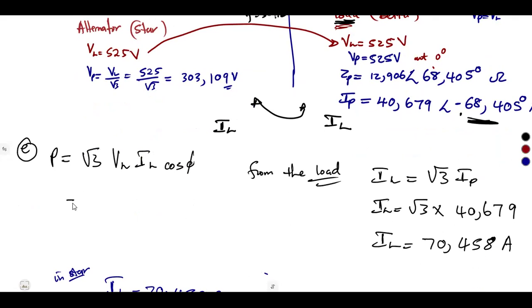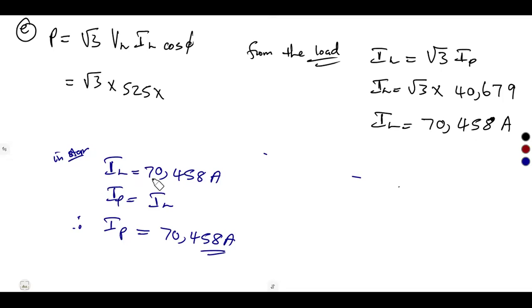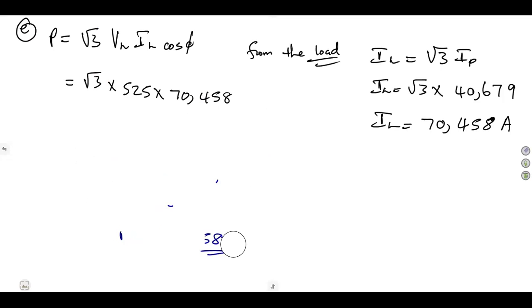So that is it. Everything is there from the alternator. So that was going to be square root of 3 times our VL, which here is 525, times the line current from our calculations. Remember, when you're saying in star, it's the same as in delta. So we got 70.458. And the other thing, this part here will be operating at the same angle, because the current was taken from the same current that we had.